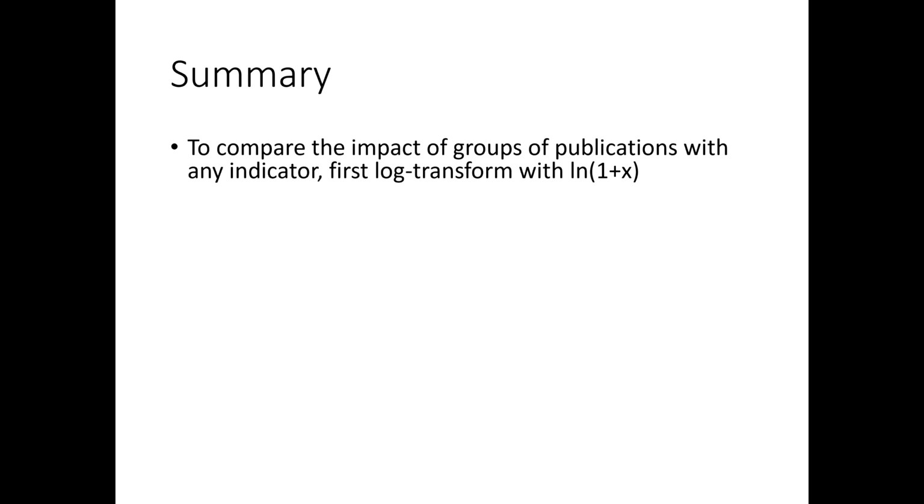To summarize, we're going to calculate an indicator that will compare the impact of groups with publications on any indicator, citations or altmetric, first log transforming them with the log 1 plus x formula. This is done for you by Webometric Analyst, so you don't have to do the maths yourself if you don't want to.